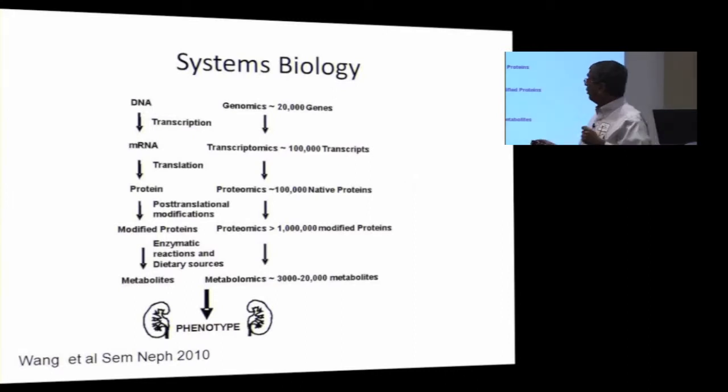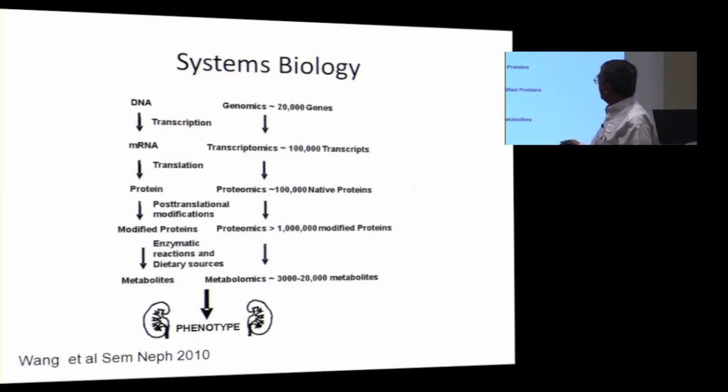But overall, you are talking about roughly 25,000 genes in a human cell. As far as the transcript goes, if you look at alternate splice variants, the complexity markedly increases to roughly 100,000 transcripts or so. If you look at only the primary outcomes of the transcript, the native proteins, that is about the same as the number of transcripts.